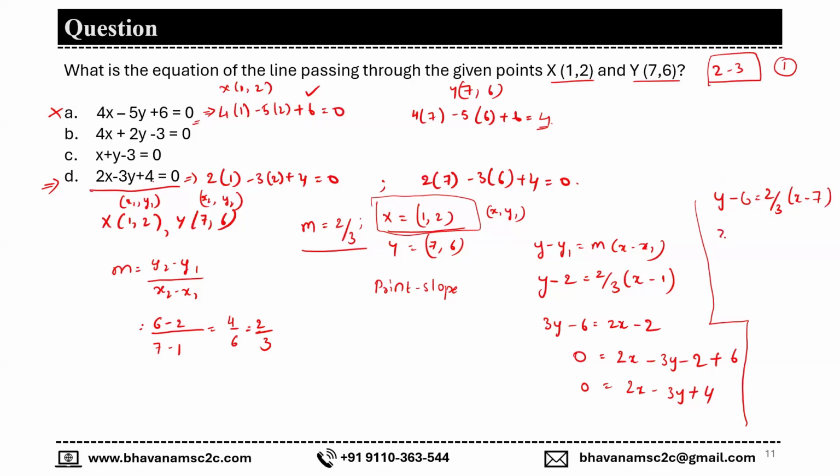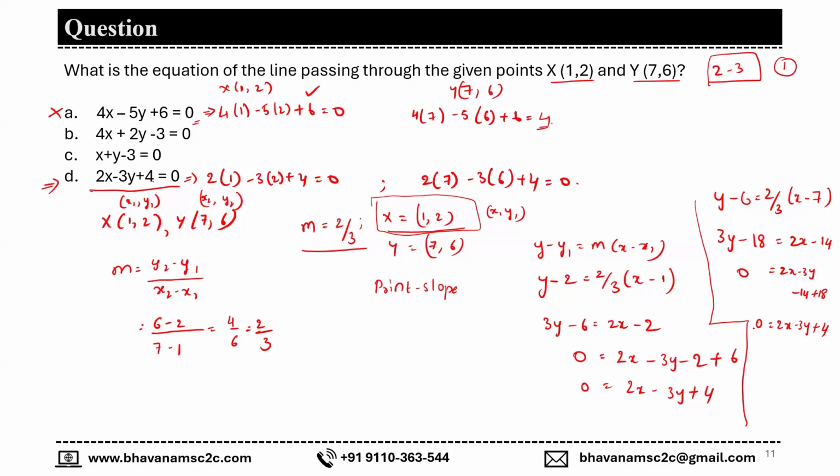So it's going to be 3y minus 3 6s are 18 is equal to 2x minus 14. So it's going to be again 2x minus 3y plus 4, minus 14 plus 18 is equal to 0. So rewrite it: 0 equal to 2x minus 3y plus 4.